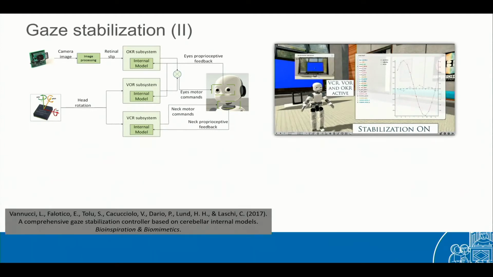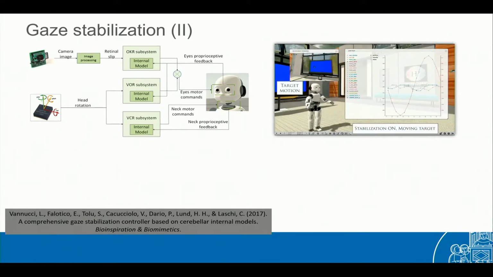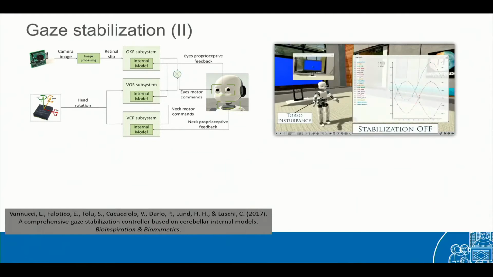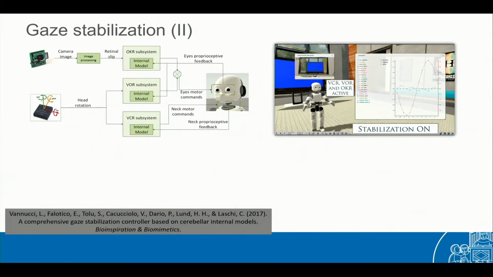Here you see when all 3 are active, this is in red, should be visible, is the disturbance applied. And before was also possible to see that the error when we track the object moving on the screen was reduced when all the 3 reflexes were active.